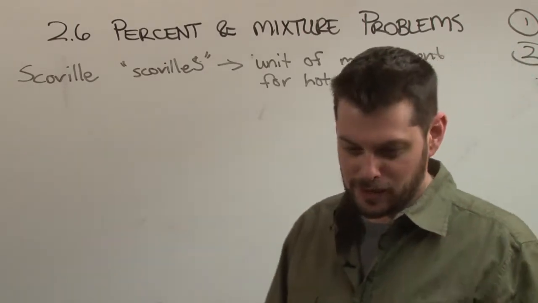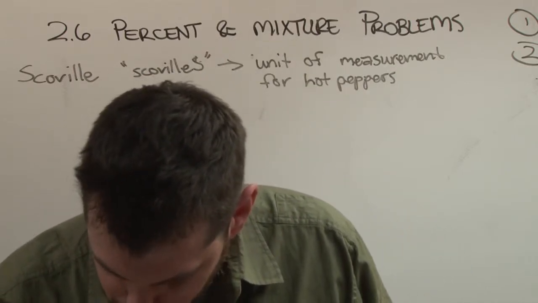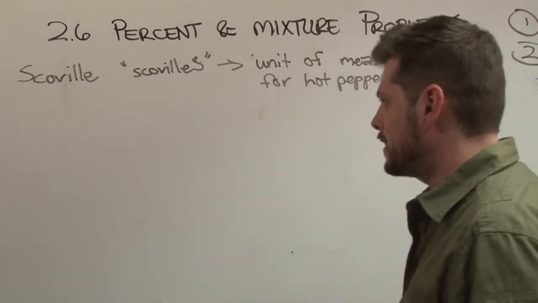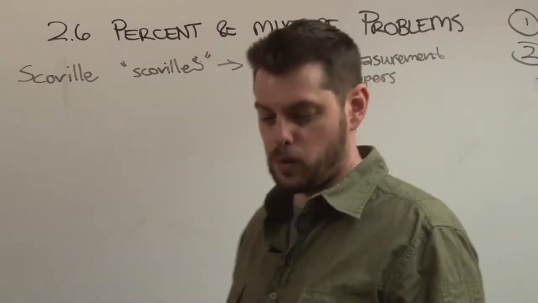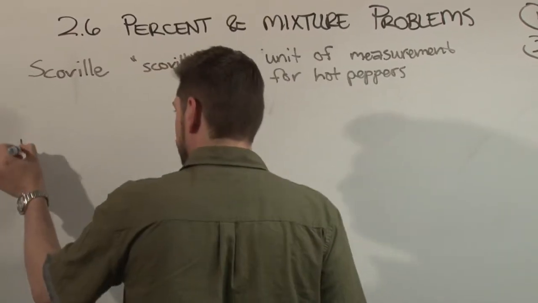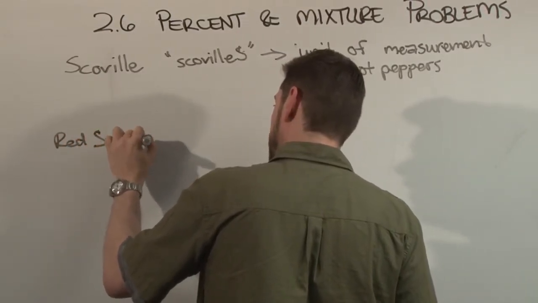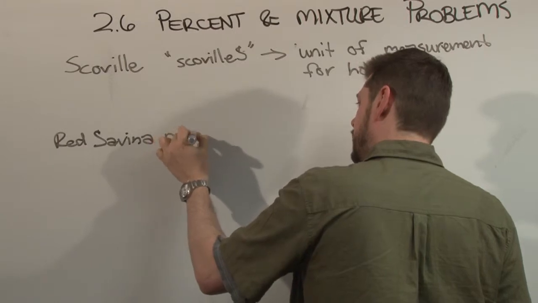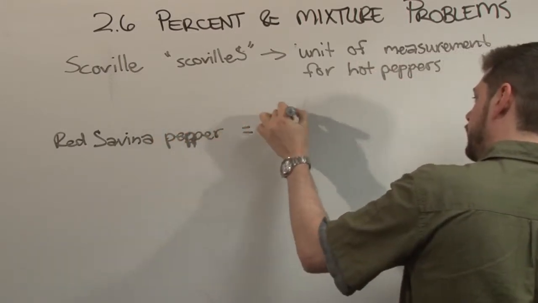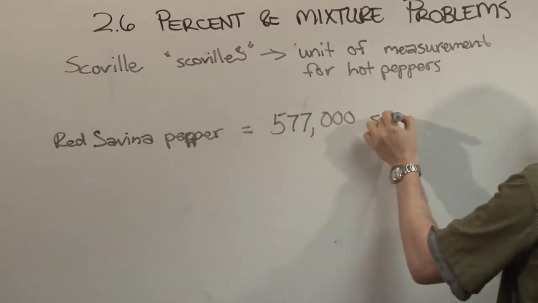So what we're going to do is look at a problem in your textbook here, following along. It's a problem from section 2.6, and it is problem 57. And it says that for a while, the red Savina pepper, I don't think I've ever had one of these, had a Scoville unit rating of 577,000 Scoville units.